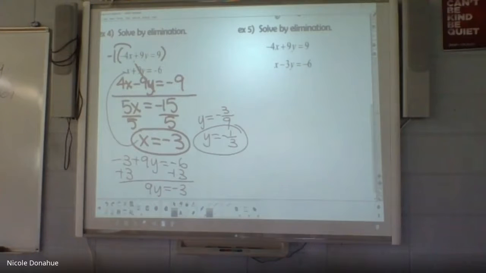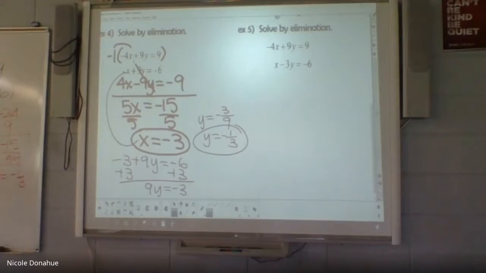So this becomes 4x, this is 36y, this is negative 24. So this cancels. Here we end up with 45y, and this is a negative 15. So y ends up being negative 15 over 45, which is a negative 1/3.